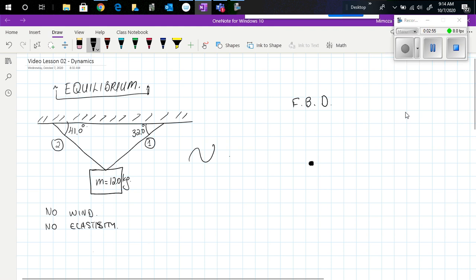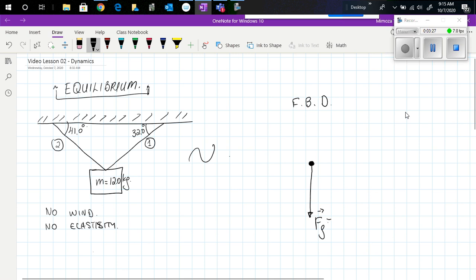We always start with the universal forces. The universal force that you will see in Physics 20 is the force of gravity. Force of gravity is always toward the center of the Earth. When we draw it on the free body diagram, we always start from the object and go down toward the center of the Earth.